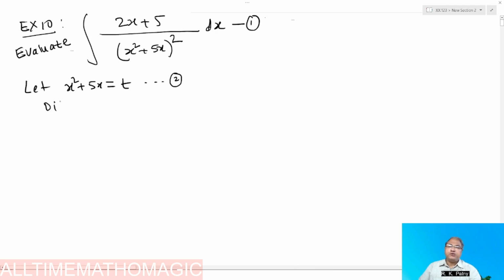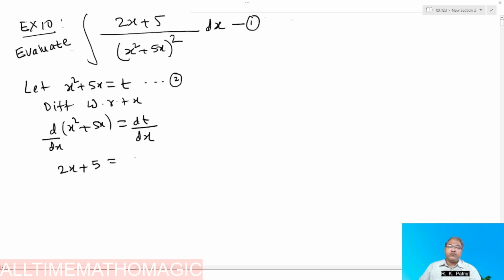Now differentiating with respect to x. So differentiation of x square plus 5x with respect to x equals to dt by dx. Derivative of x square is 2x, derivative of 5x is 5, equals to dt by dx. Therefore, 2x plus 5 dx equals to dt.